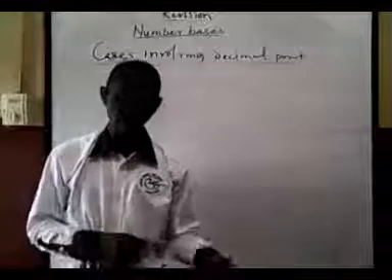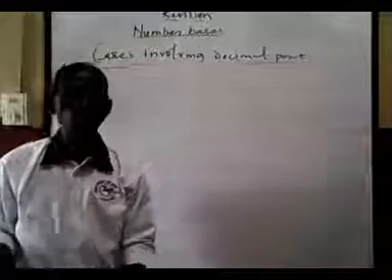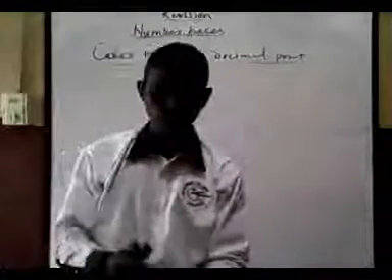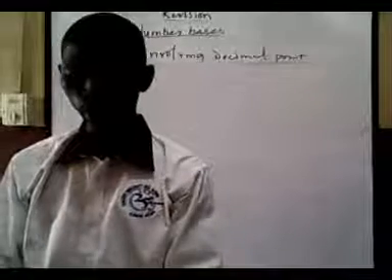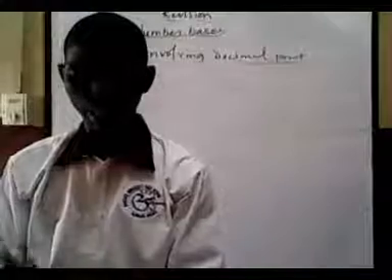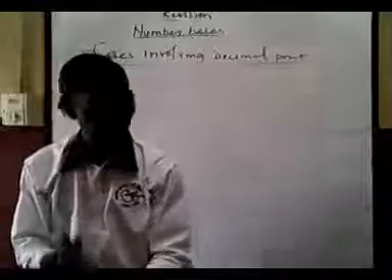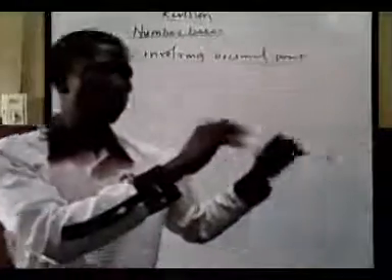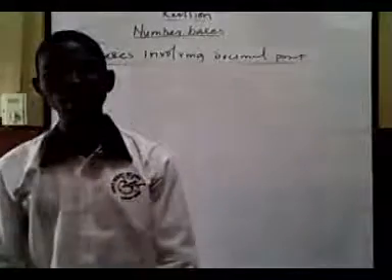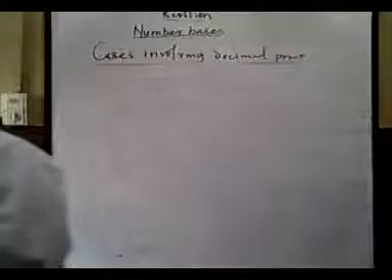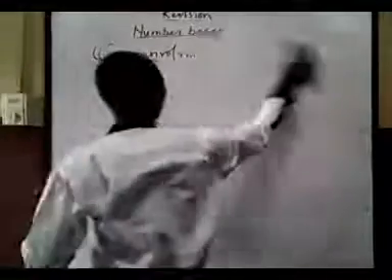But if I'm going from base 7 to base 10, I'll be multiplying by what? 7. If you are going from base 3 to base 10, you'll be multiplying by 3. If you are going from base 5 to base 10, you'll be multiplying by 5. If you are going from base 9 to base 10, you'll be multiplying by 9. But if I'm now coming from base 10 down to other bases, that's when I'll be dividing by the new base.